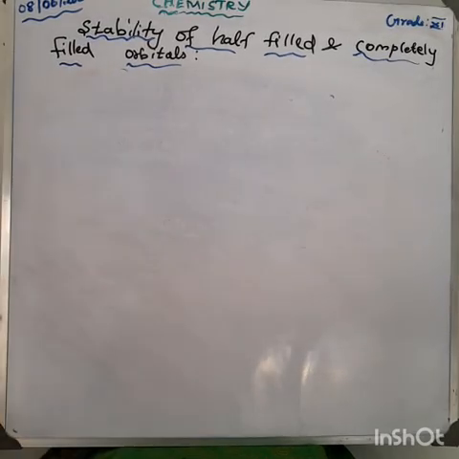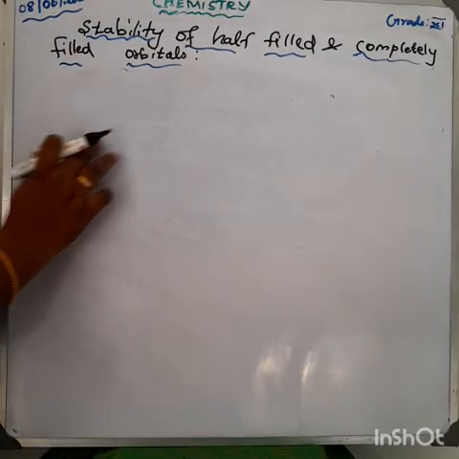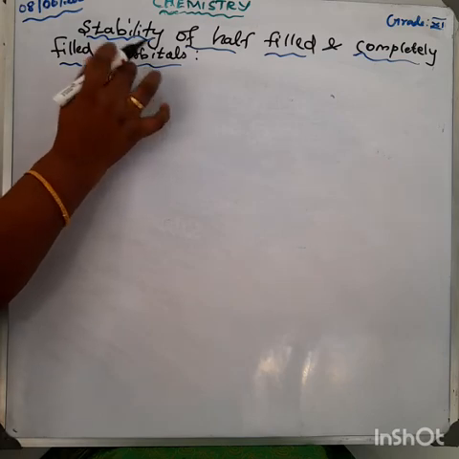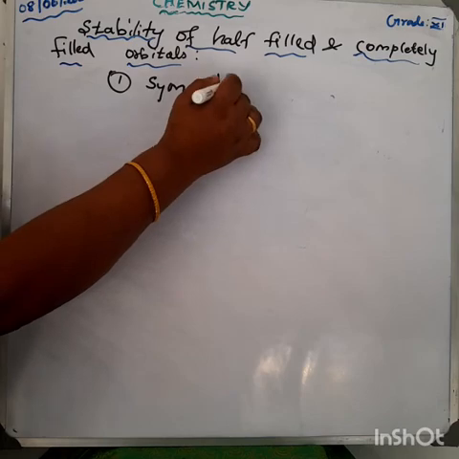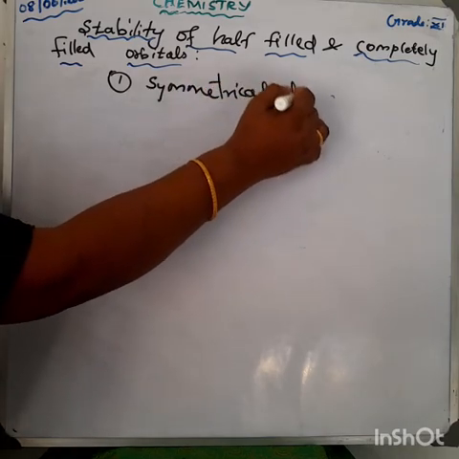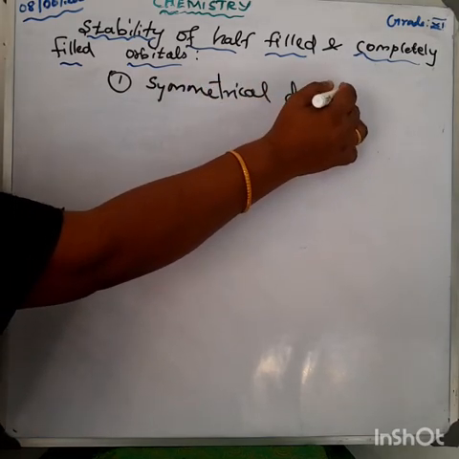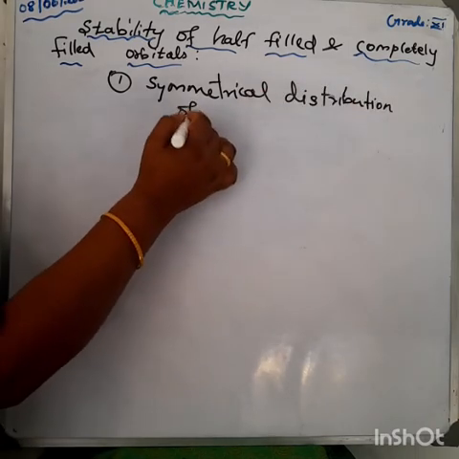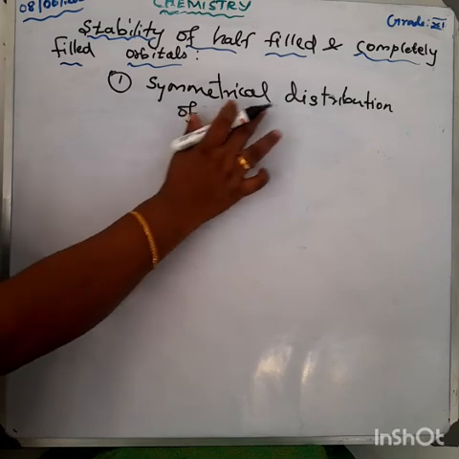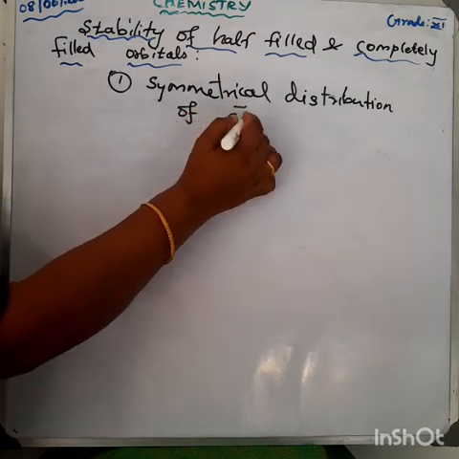There are 2 reasons for the stability of half-filled or completely filled orbitals. First reason, symmetrical distribution of electrons.